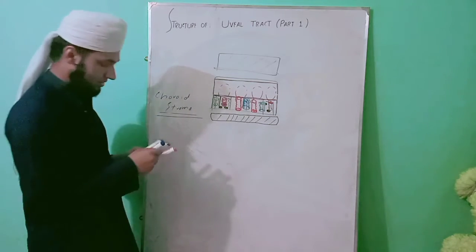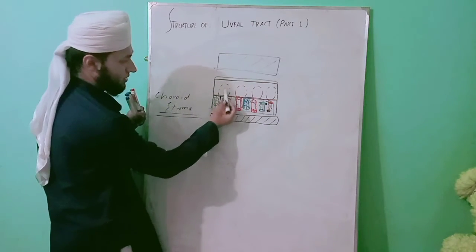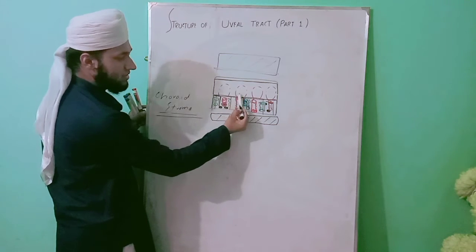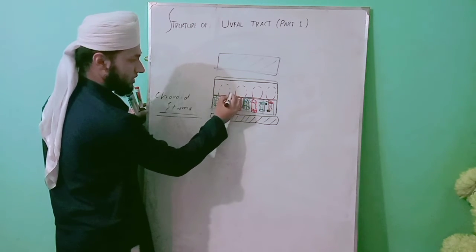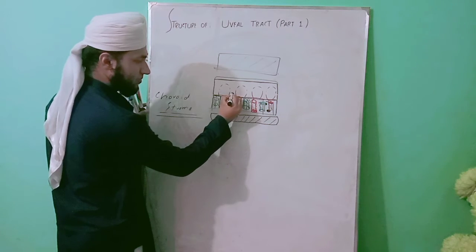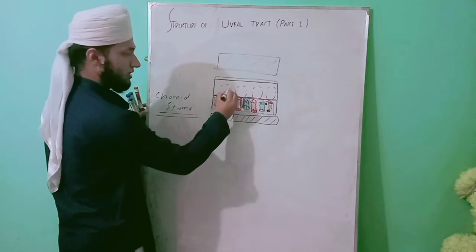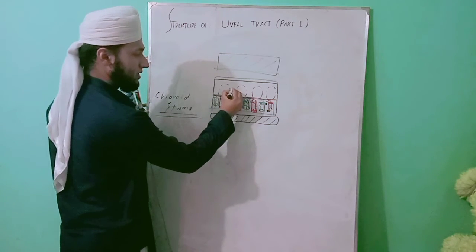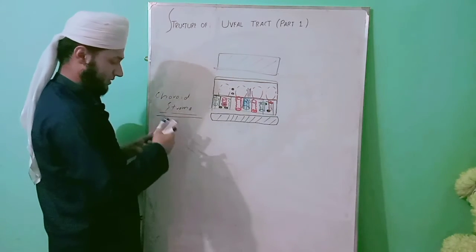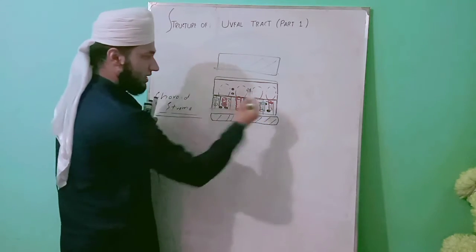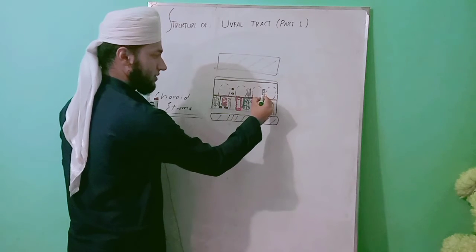Let me tell you another thing first. This is one capillary and this is another capillary. In between the two capillaries, in this space, fibroblasts are present. Then melanocytes are present. Then collagen fibers are also present. And then elastic fibers are also present.